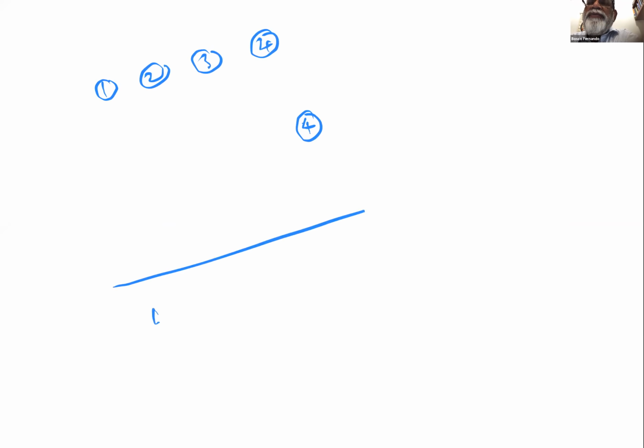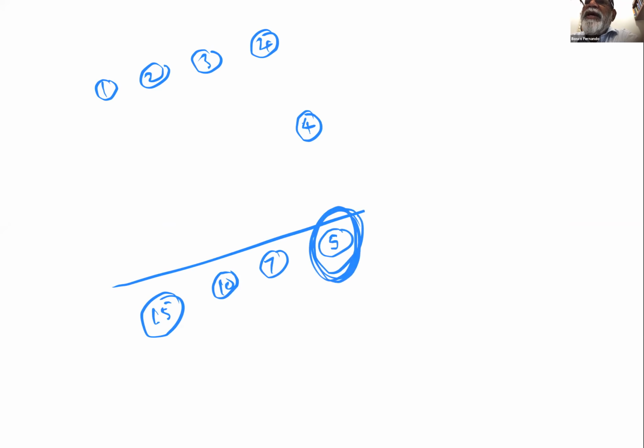I have answered 15 times this, 10 times this, 7 times this, 5 times this. If it is like that, the minimum number is option number 4. So whichever you have not answered, put the number which has appeared in your OMR sheet the fewest times.